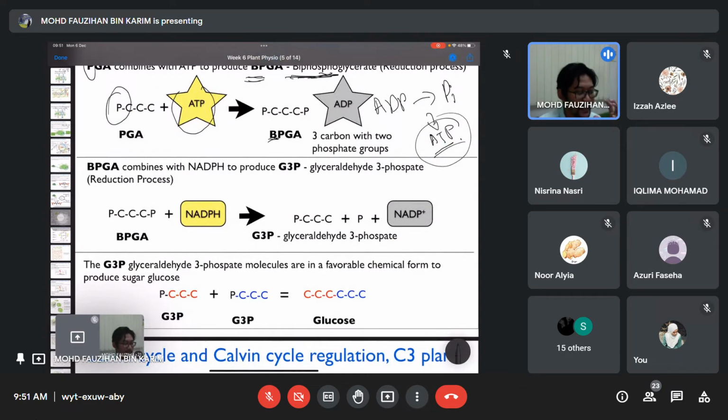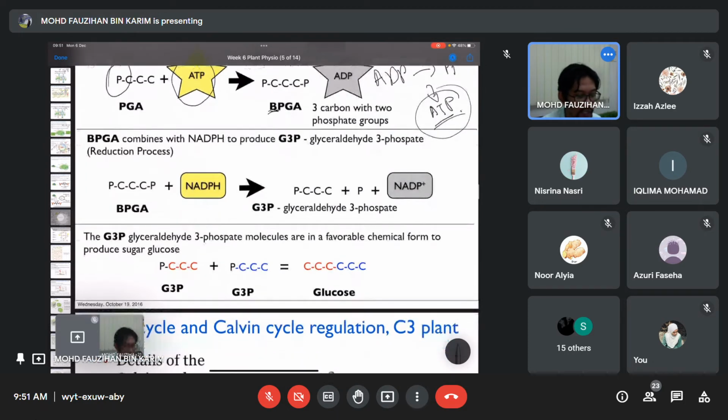And then akan ada NADPH, and then NADPH join in, akan berlaku rearrangements of the biphosphoglycerate, right? Dia akan jadi glyceraldehyde 3-phosphate, okay? So dia akan jadi 3 carbon molecules attached to 1 phosphate only and remove 1 phosphate.